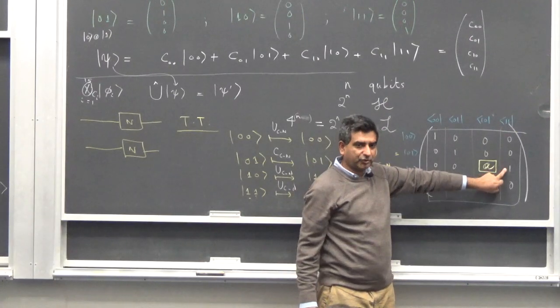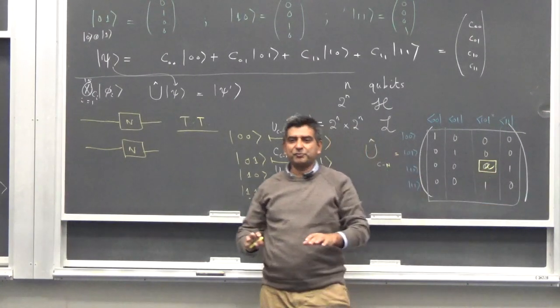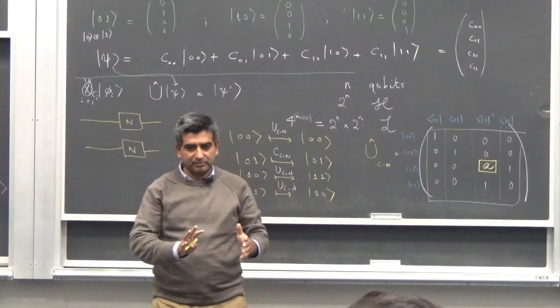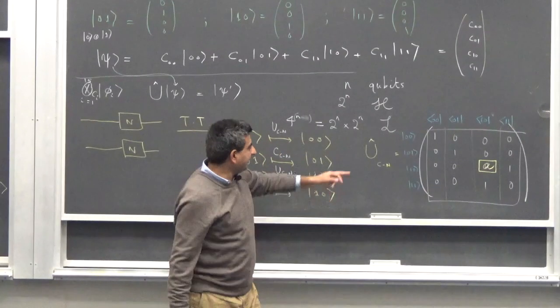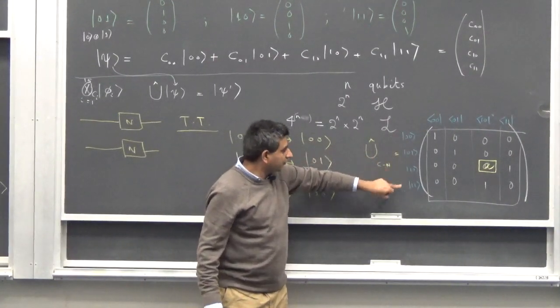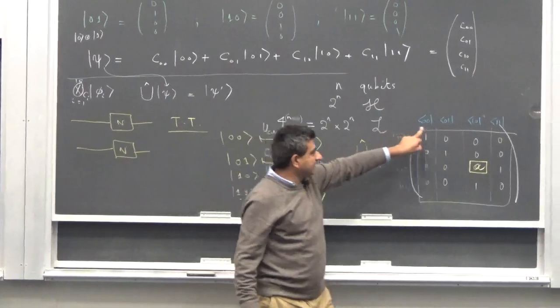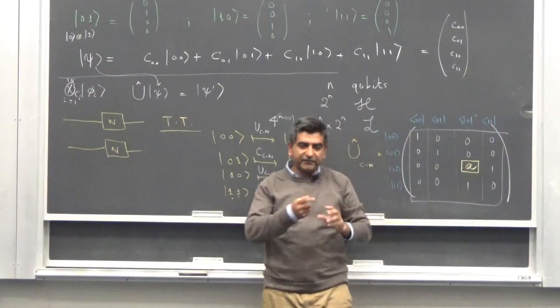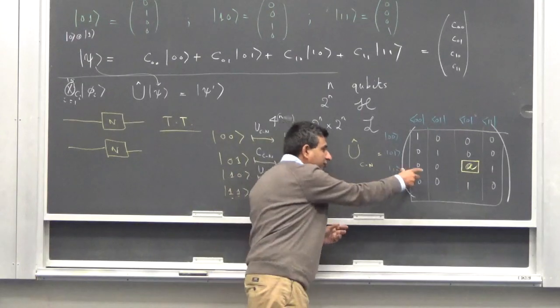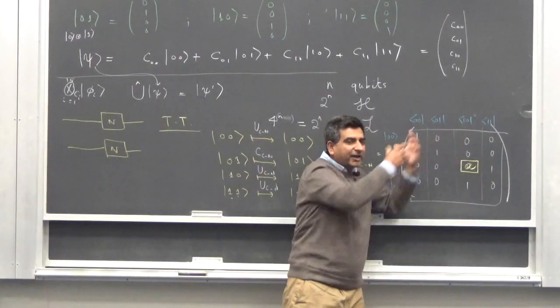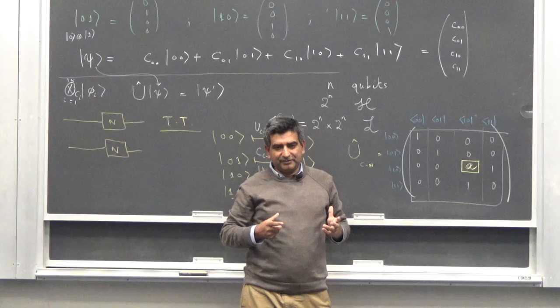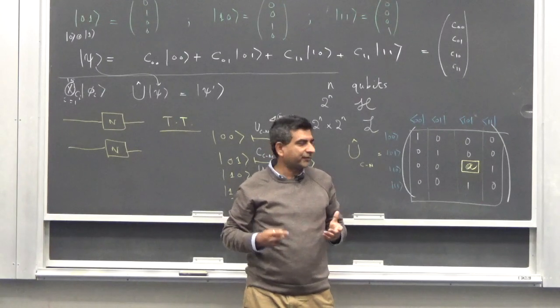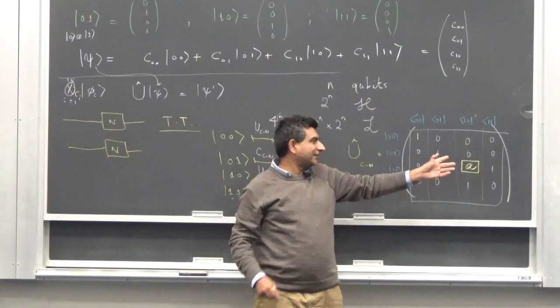Third row, fourth column. So each element corresponds to an ith row and a jth column. The ordering is first row, second row, third row, fourth row. So this is the ith row and this is the jth column. You want to identify which ith ket and which jth bra you pick. Of course, you can do the other ones if you want, but they're all 0.